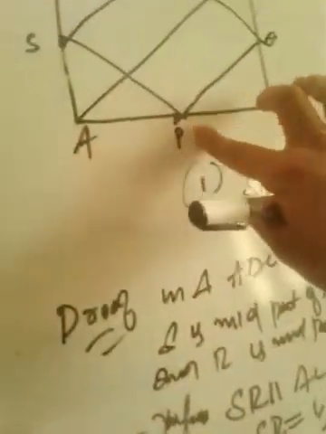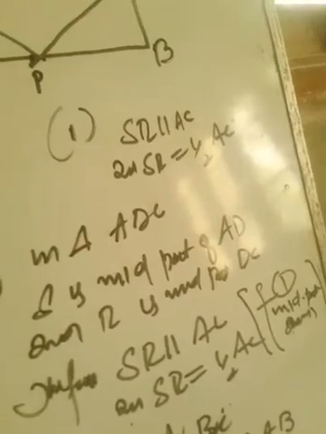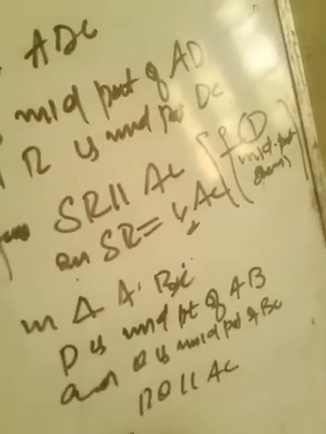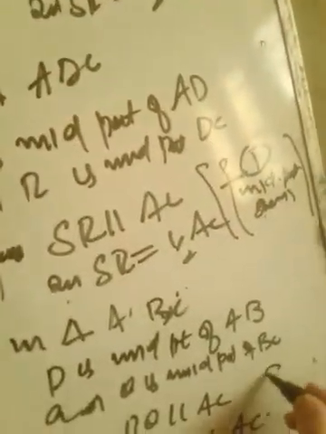Recall, the line segment joining the midpoints of any two sides of a triangle is parallel to the third side and is equal to half of it. So PQ parallel AC and PQ equals 1 by 2 AC. Name this second.